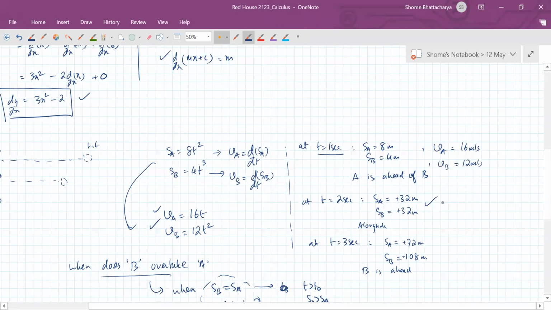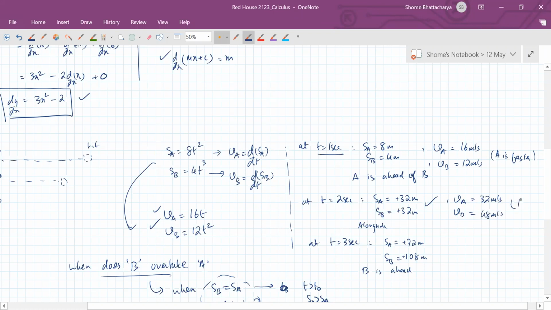So B is traveling slower than A. But by the time you come to 2 seconds, B becomes faster: this one is 32 meters per second and this one is 48 meters per second.